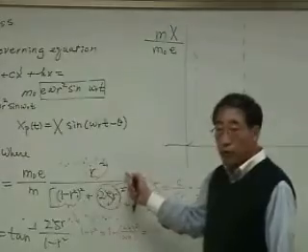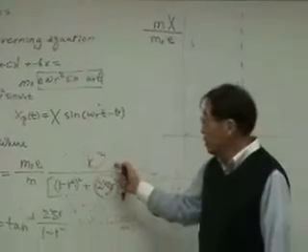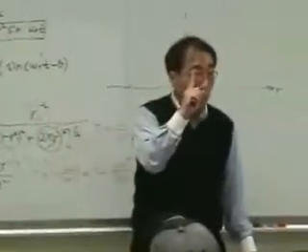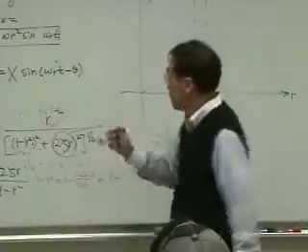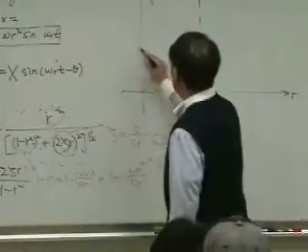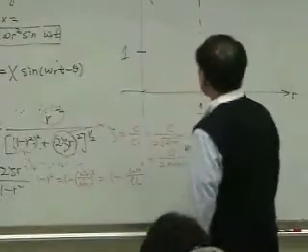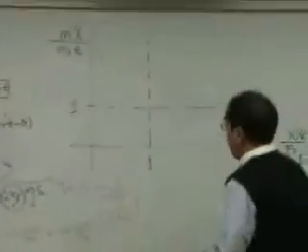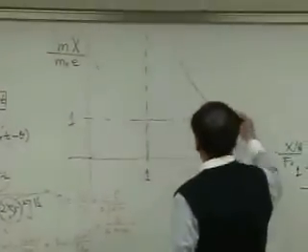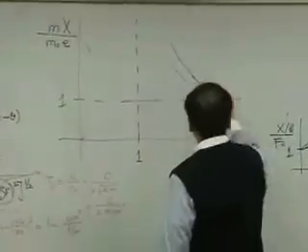Therefore, when R goes to infinity, this approaches 1. Okay? So this is 1, and as R goes to infinity, independent of the zeta, all curves have to approach 1.